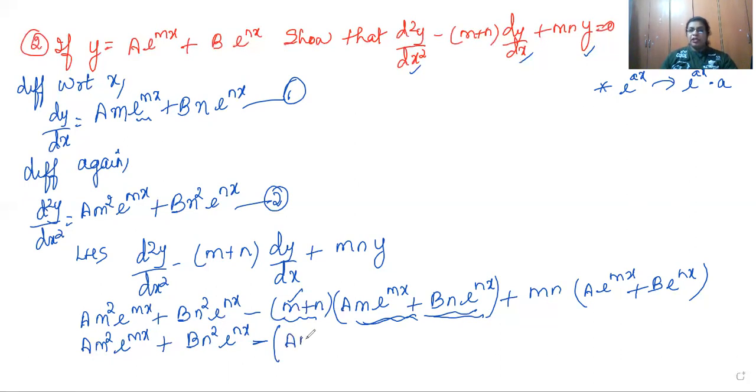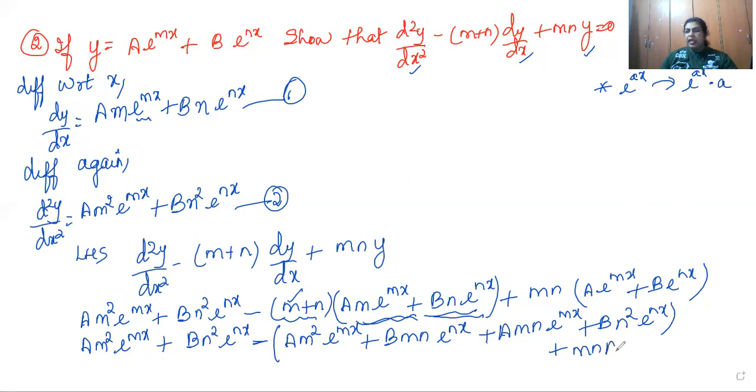So it is a, you're multiplying with m. So m into m, m² e^(mx) plus bmn e^(nx). Now done with m, multiply with n: plus amn e^(mx) plus b n² e^(nx). Okay, plus mn a e^(mx) plus mn b e^(nx).